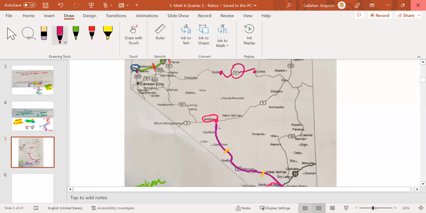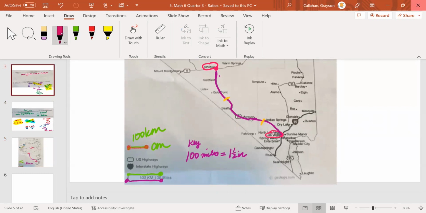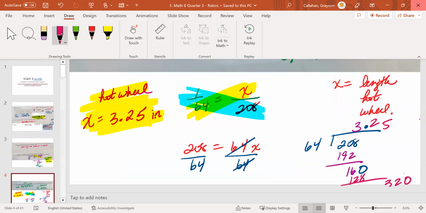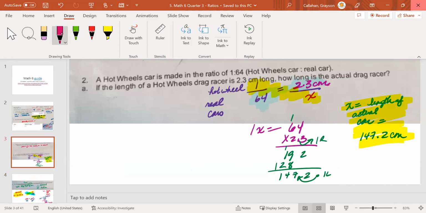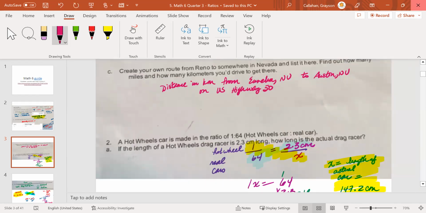Look at the, do you see how it's 50? Oh, US highway, do you see that? US highway 50. So then we'll do that on US highway 50. Now take your little pencil and go ahead and measure, or your ruler and measure it.